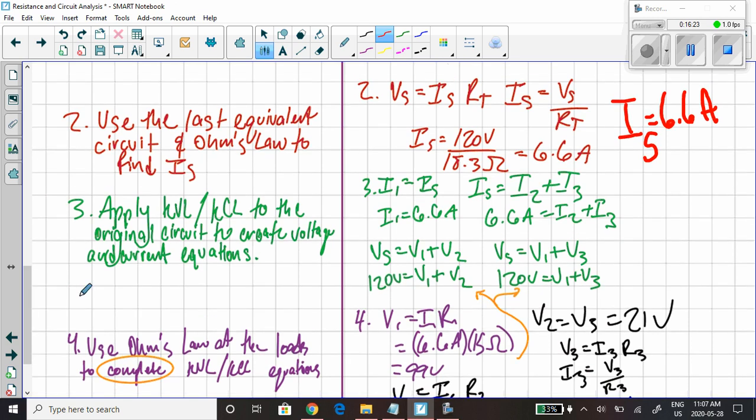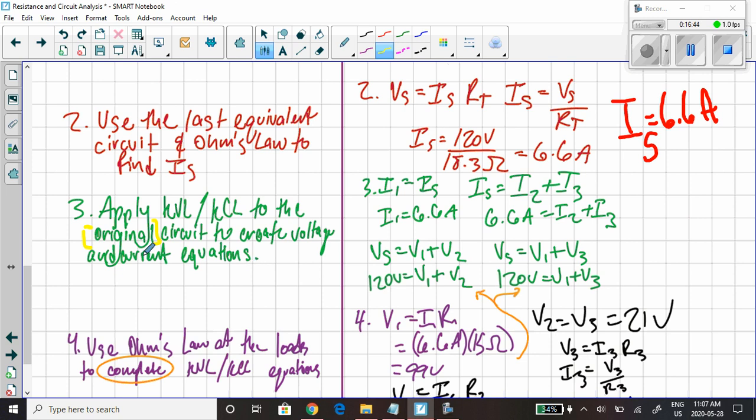And the third step says apply Kirchhoff's voltage law and apply Kirchhoff's current law to the original circuit. You got to go back to the original, to the original circuit to create voltage and current equations.